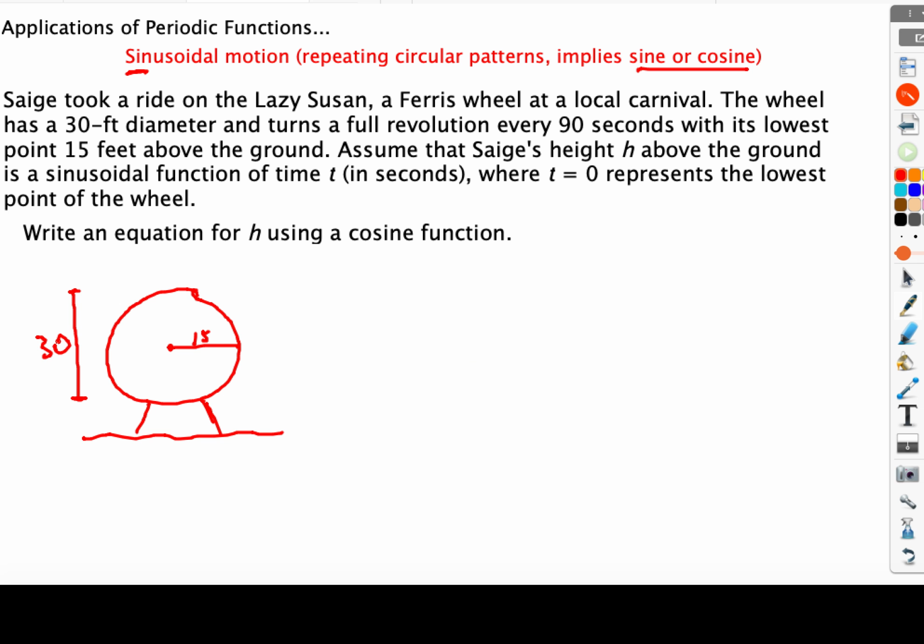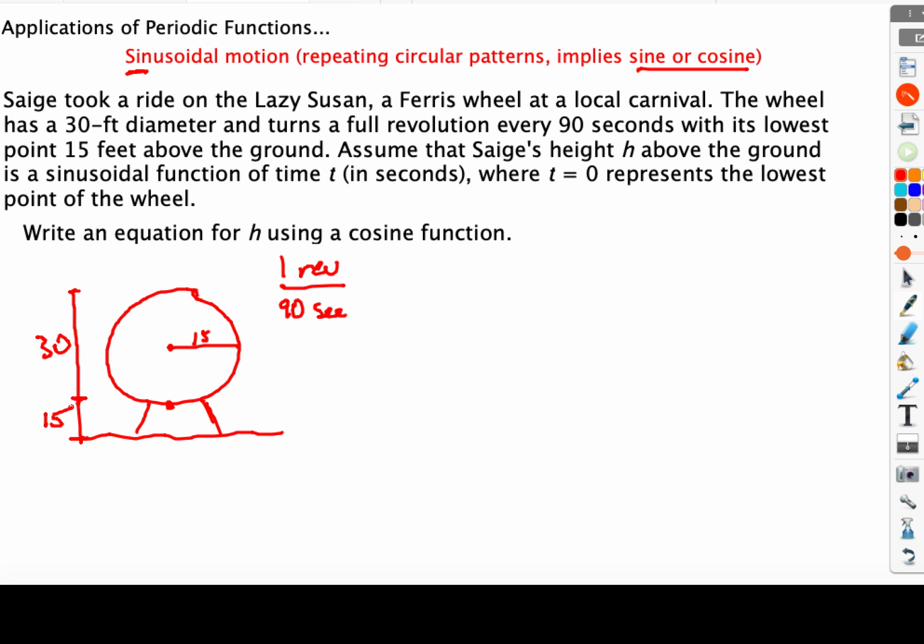It's going to complete one full revolution every 90 seconds, a revolution per 90 seconds. So one revolution, let's note that, per 90 seconds. I'm guessing that's going to come into play. And it's 15 feet above the ground at its lowest point. The bottoming out point here is basically telling us that this is going to be 15 feet right there.